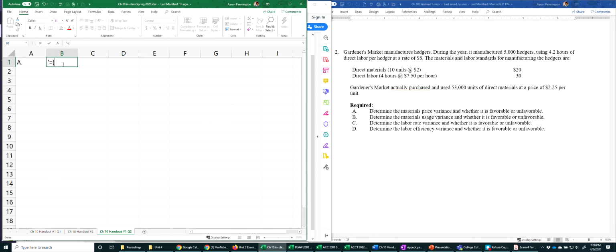So for direct materials, the actual price, $2.25 per unit, less the standard price of 2, and the actual quantity 53,000 units.